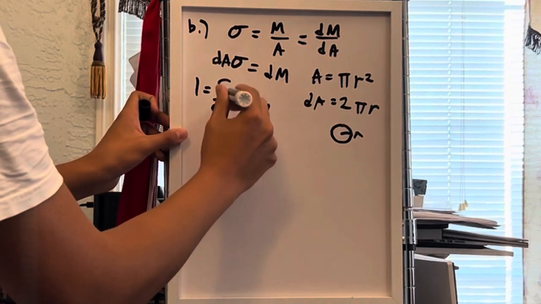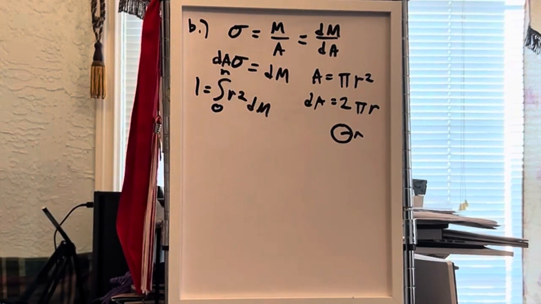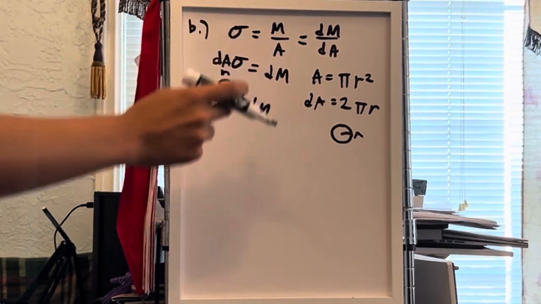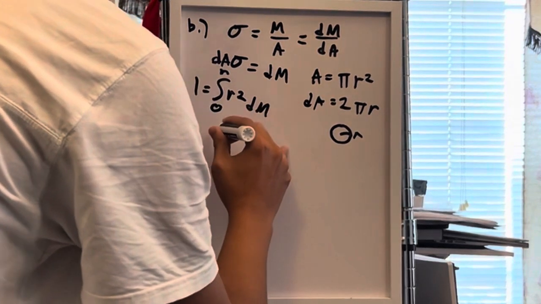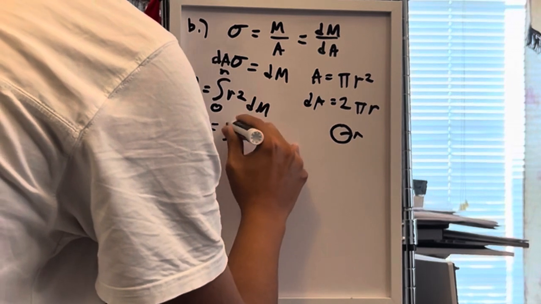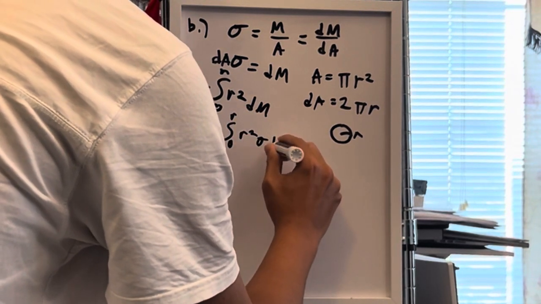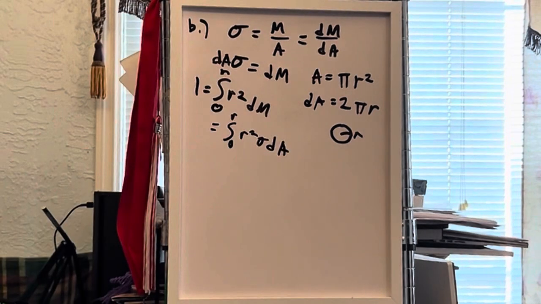And I can't integrate by mass because mass isn't a changing value. So I'm going to plug in what I established dm to be, which is sigma dA, so it equals the integral from 0 to r of r squared sigma dA, like so.